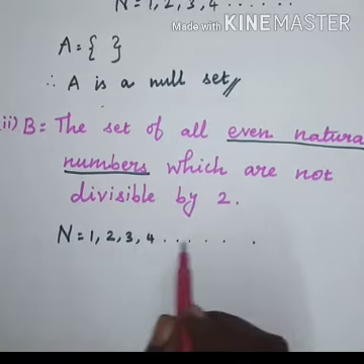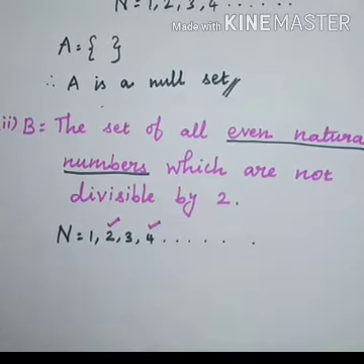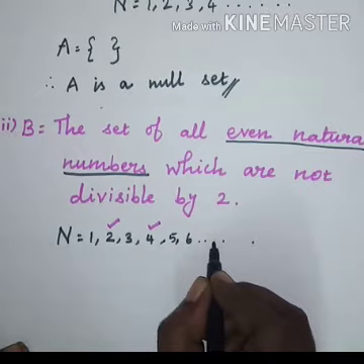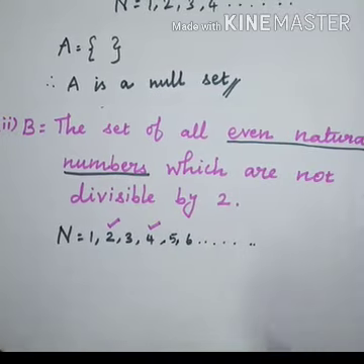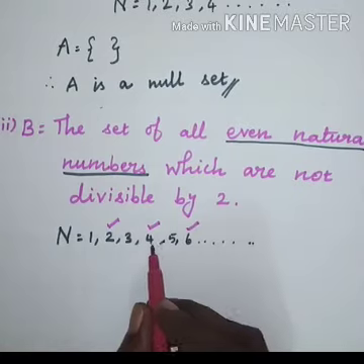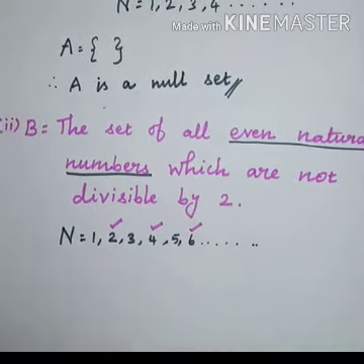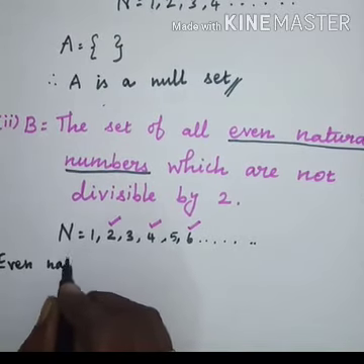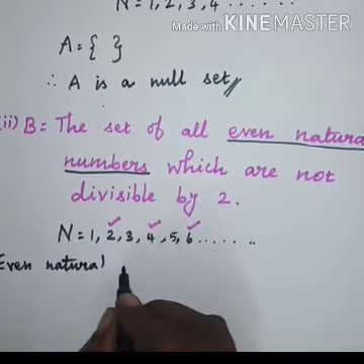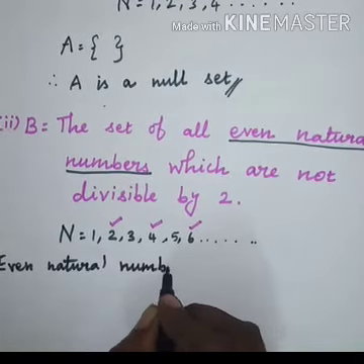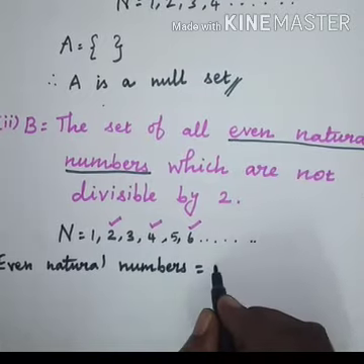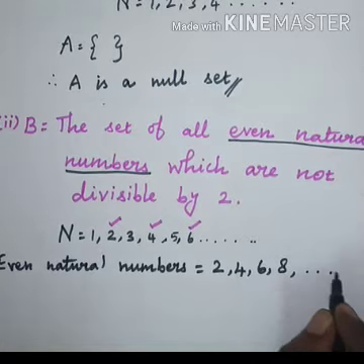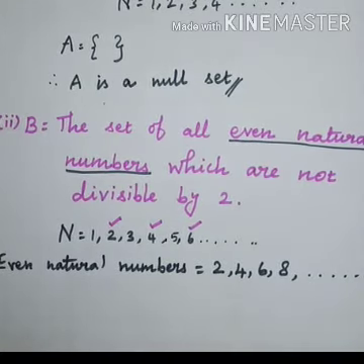In natural numbers, what are the even numbers? 2, 4 and 6 are even numbers in natural numbers. So even natural numbers are equal to 2, 4, 6, 8, etc.